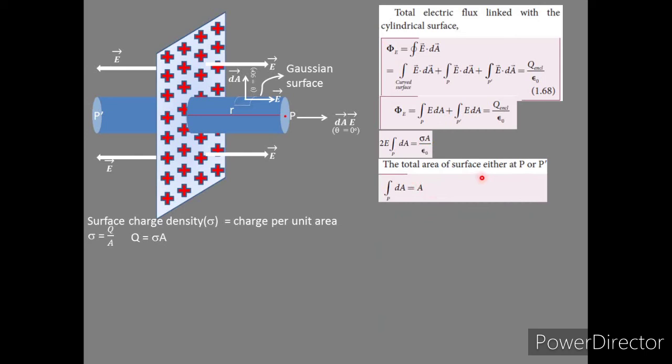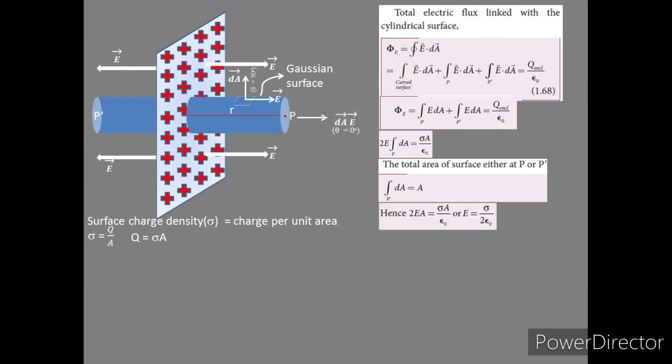The total area of the surface either at P or P dash will be A. I already told you this is the cross section of the cylinder, and therefore here also the area of cross section will be A, and on the other side also the area of cross section will be A because of symmetry. Okay.